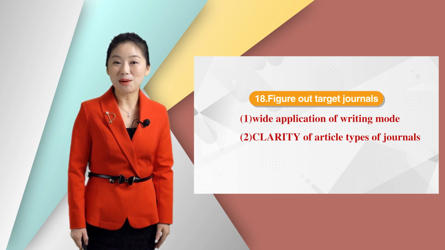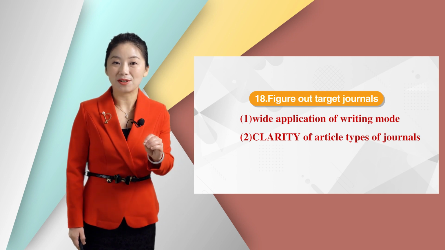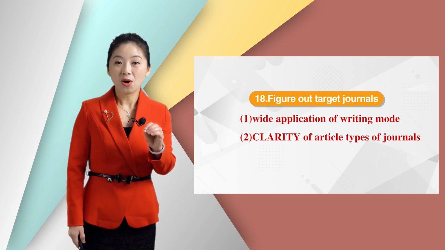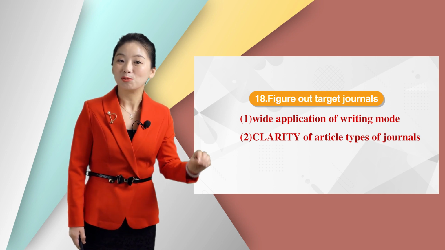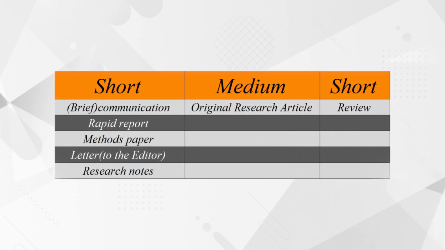There are also some journals which specially publish practical or technical articles for some special readers. Some article types and their common names are listed below. So you can look at this table.